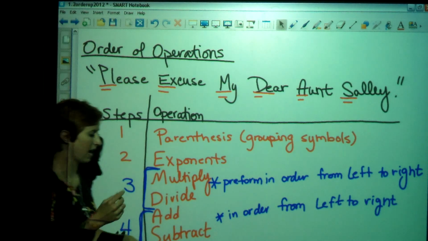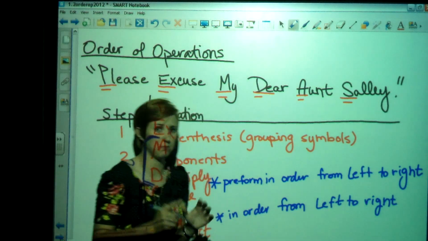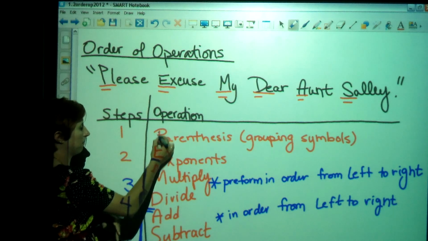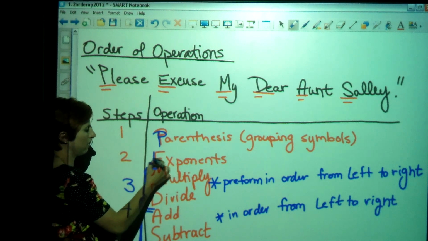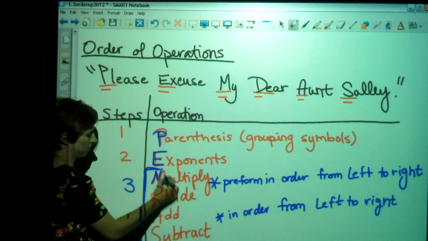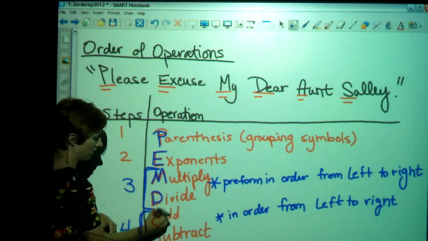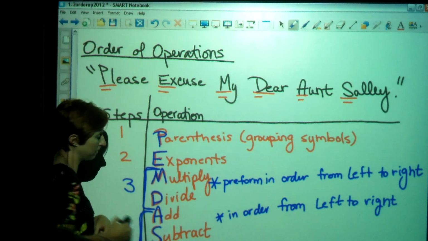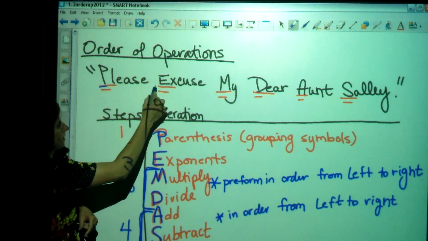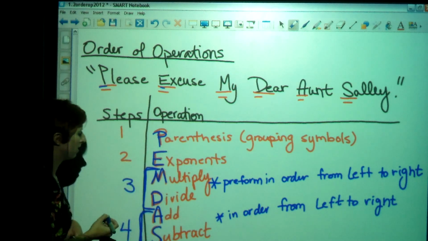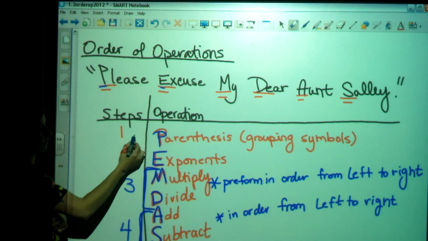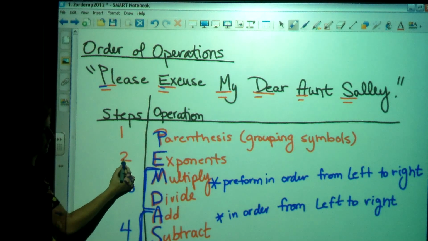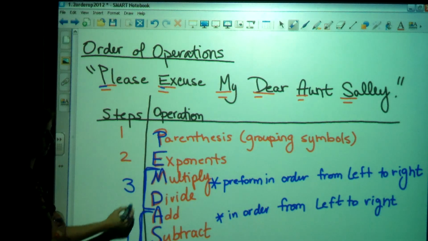So even though we have 6 letters, we keep up with our P, E, M, D, A, S, our PEMDAS, or our Please Excuse My Dear Aunt Sally. There's 4 steps. First step is parentheses. Second step is exponents.